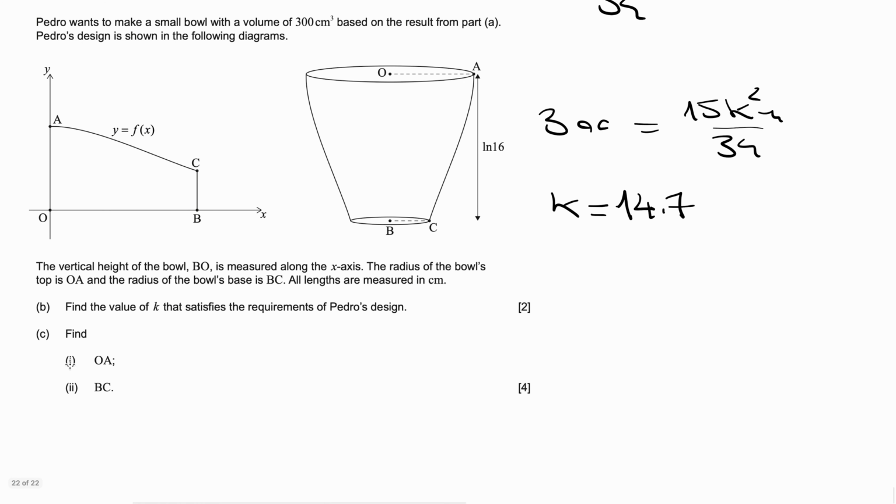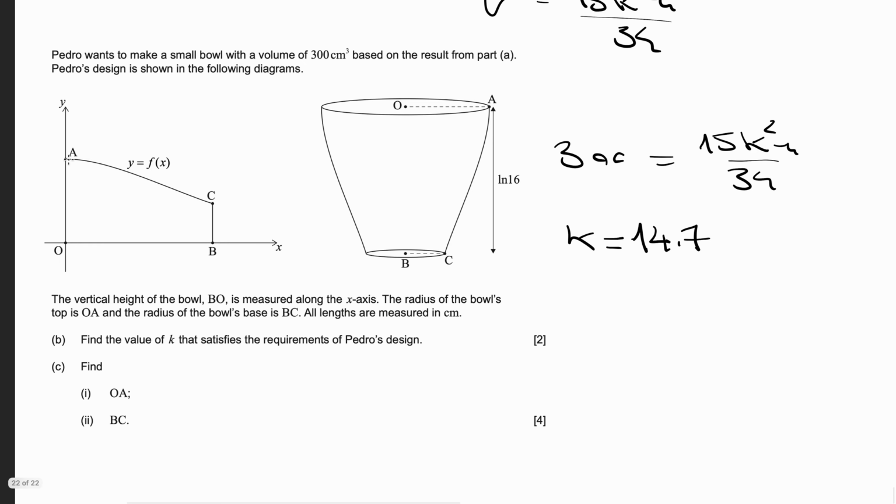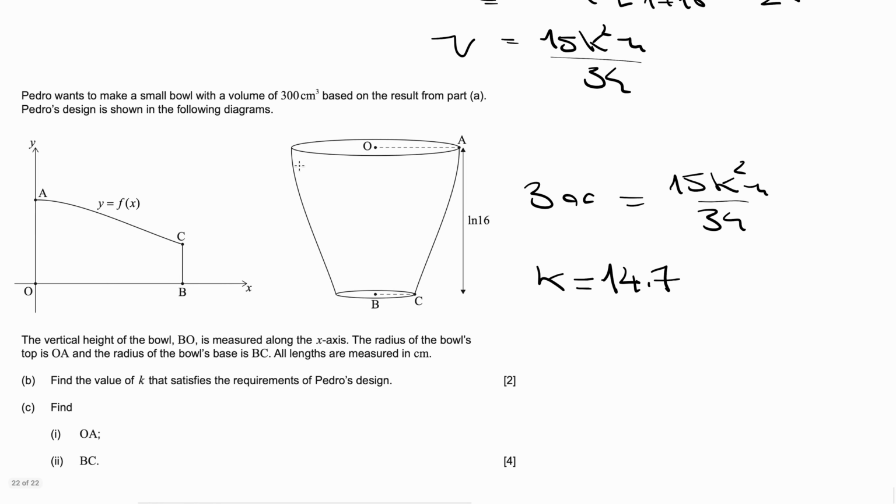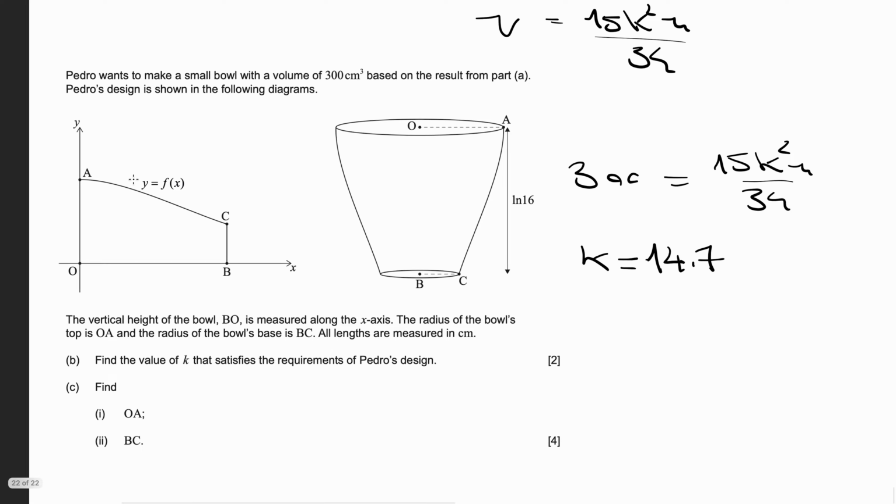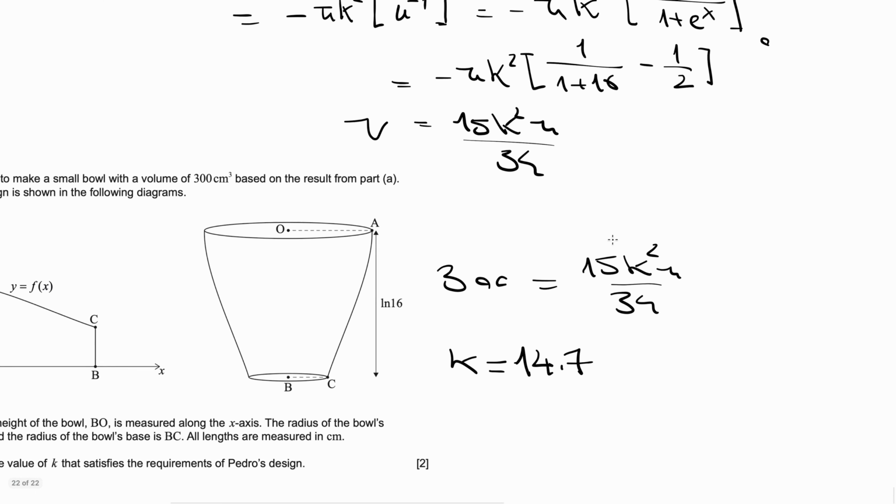Now find OA. So this right here is OA, right? So we have to first find A. It's the y-intercept of f of x.